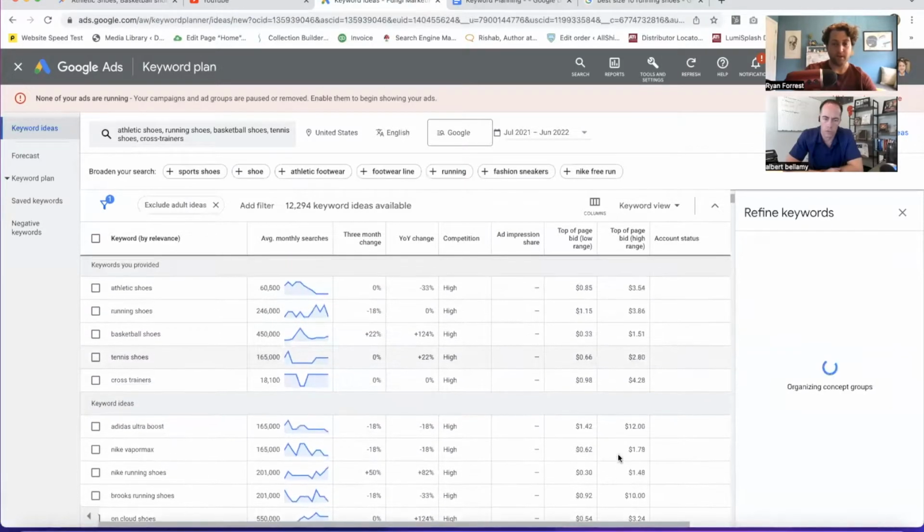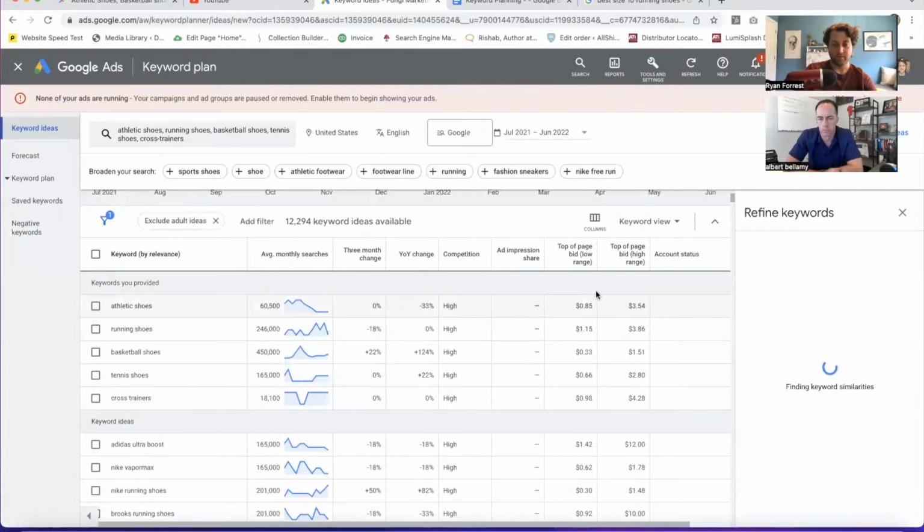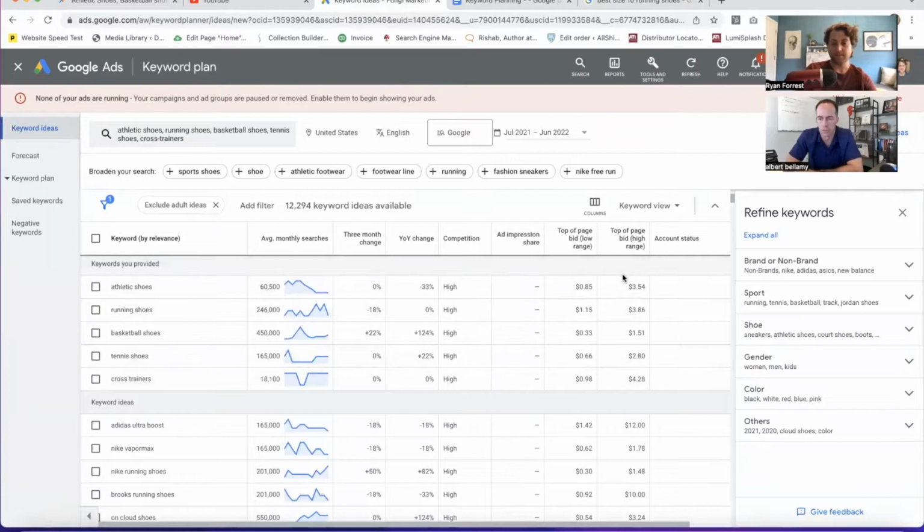I think I see part of the reason why it's not so impressive. This is the bid range. So if you were to bid $3.50 a click, you would be towards the top of Google search results if somebody searches athletic shoes.